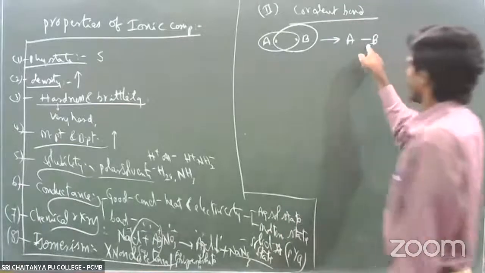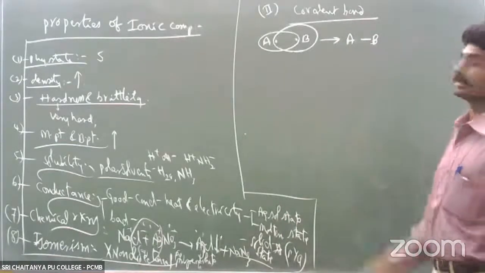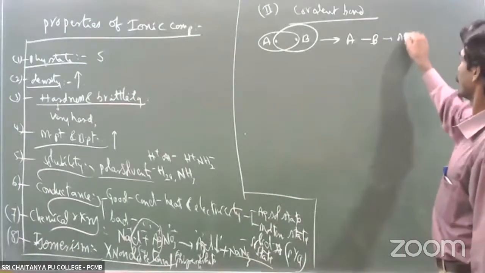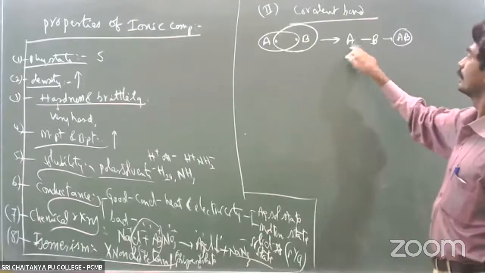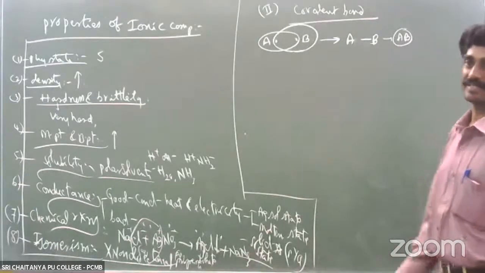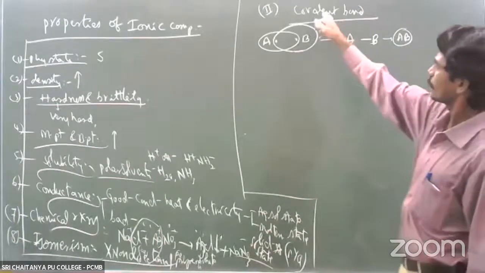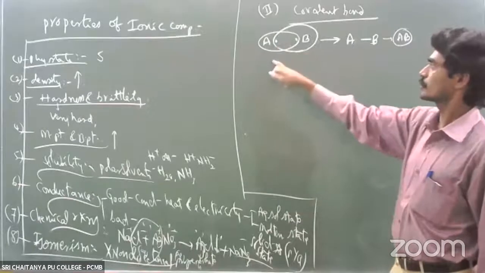A covalent bond is denoted by a solid line or a dash between the two atoms. Then we call the molecule an AB molecule. In the AB molecule, wherever the solid line is there, that indicates a covalent bond is present between the two atoms. So covalent bond means equal contribution of electrons: if you give one electron, it gives one electron; if you give two, it gives two.